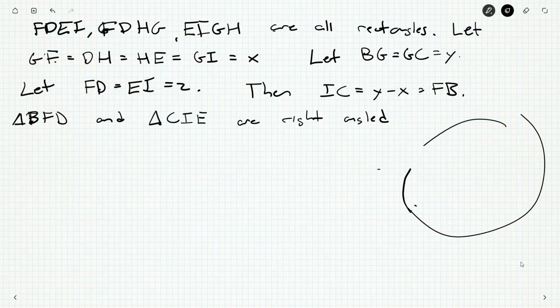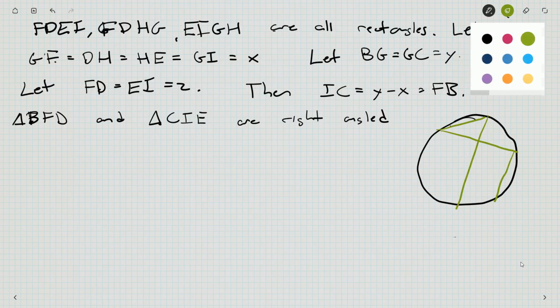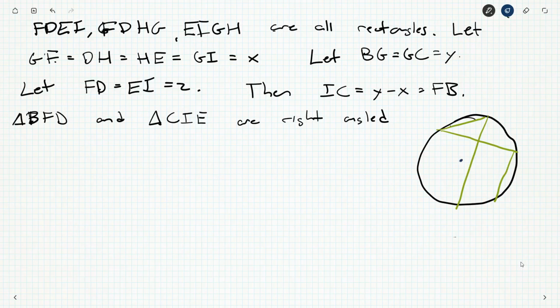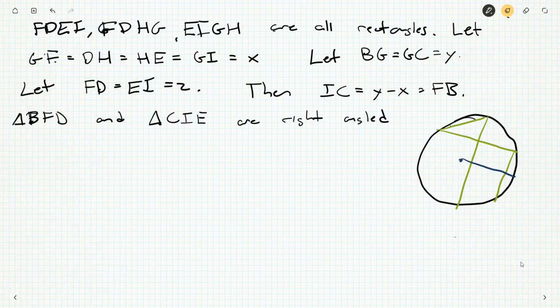In case you have forgotten what the other one looked like, these are just terrible circles. Alright. Dropped the perpendicular. And then we created EI.